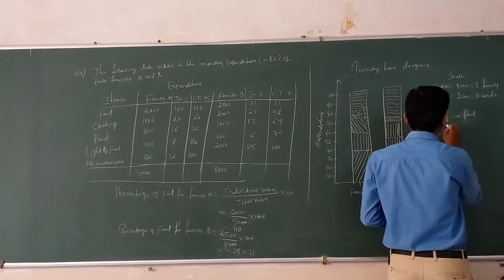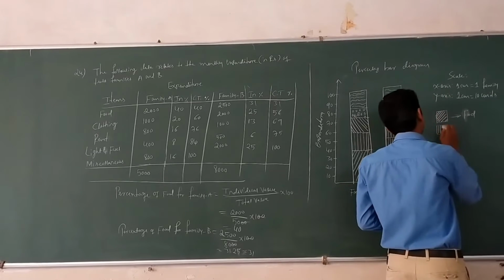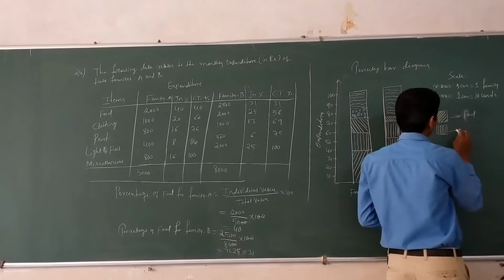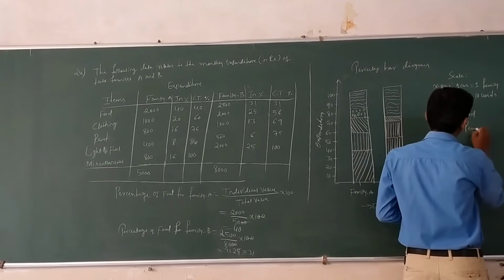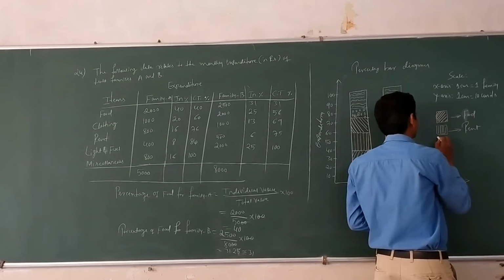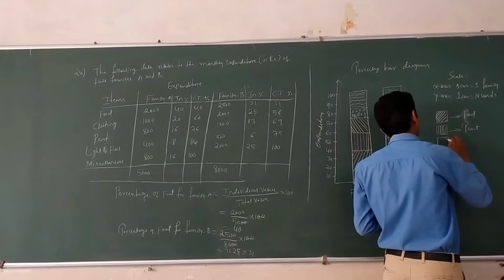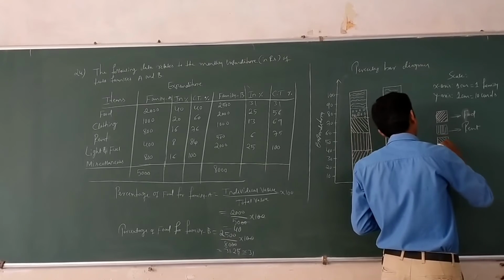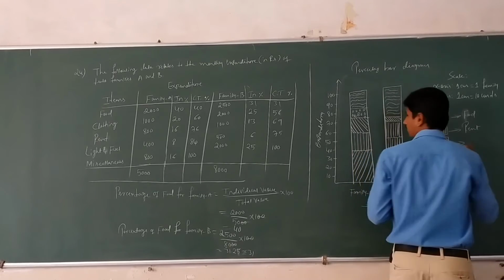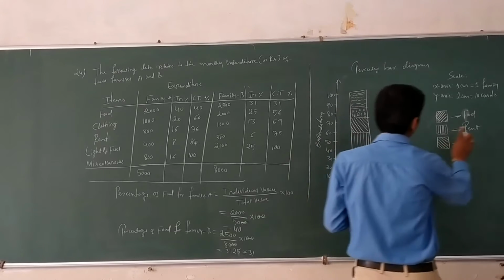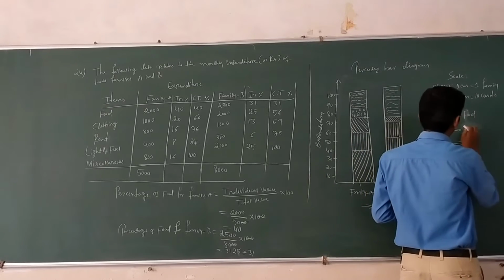The second index indicates food, rent. The third index is clothing. The second one is clothing.